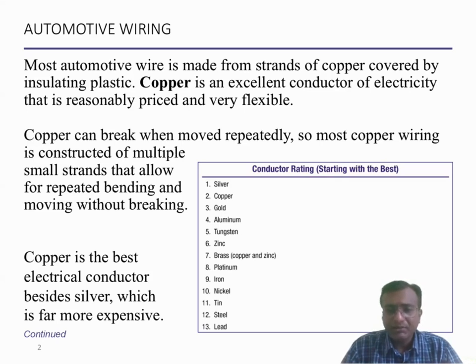Now, imagine a single copper wire. If you bend it back and forth, it may break after a few times. However, if you have multiple thin strands of copper twisted together, it can bend more easily and won't break as quickly.